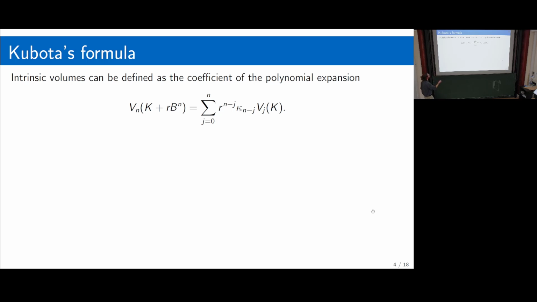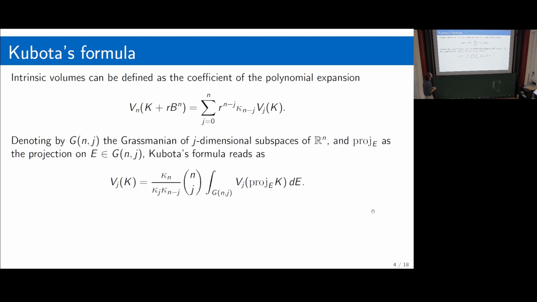Some notation: this is just the classical expansion. We consider the addition with a ball, and these J are the intrinsic volumes. This can be proved in many different ways, but for example Hadwiger's characterization theorem is a quick way to do this.